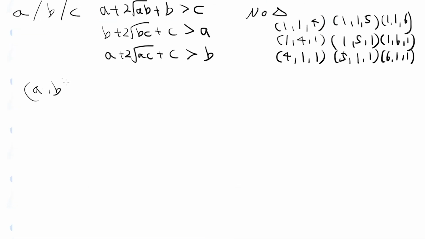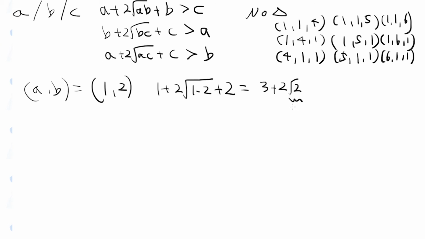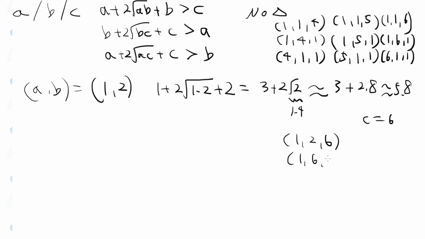Next, let's consider the case A is 1 and B is 2. Now, root 2 is about 1.4, so this is roughly 3 plus 2.8, which is roughly 5.8. So when C is 6, no triangles can be formed. 1, 2, 6, 1, 6, 2.